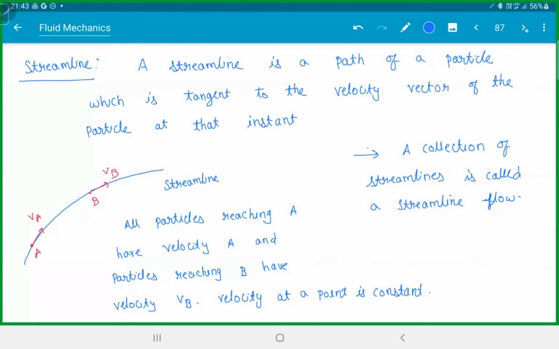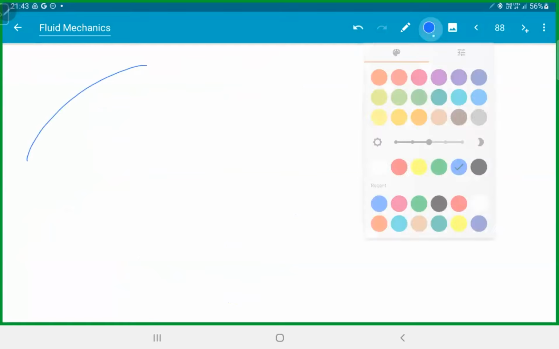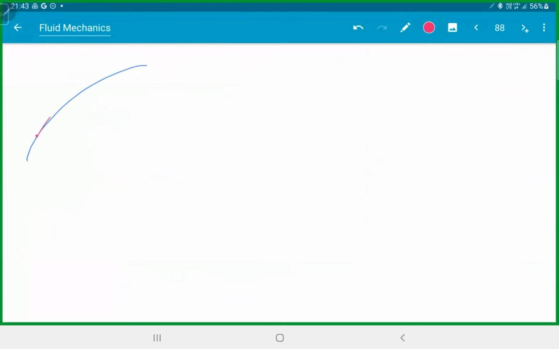So what are streamlines exactly? Let me define in more detail, but have a look at this page. Any doubts on this page? Then see. At every point, the tangent will be the velocity vector. At this point, the velocity vector is this way. At this point, the velocity vector is this way, and so on.